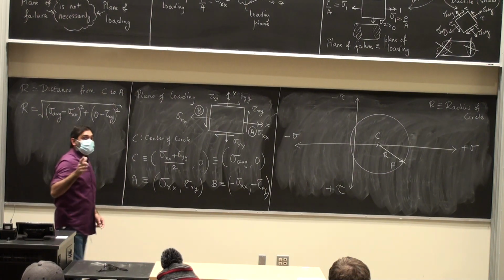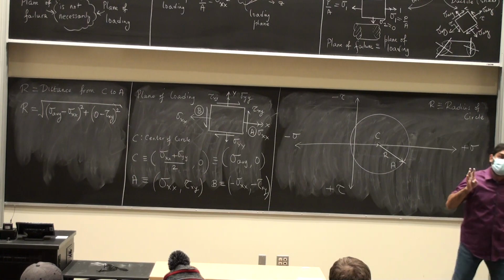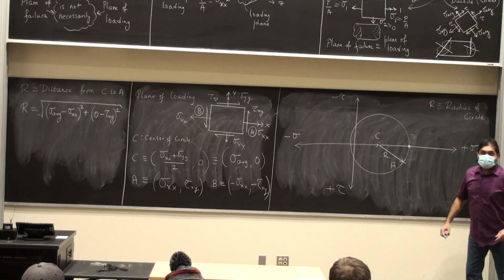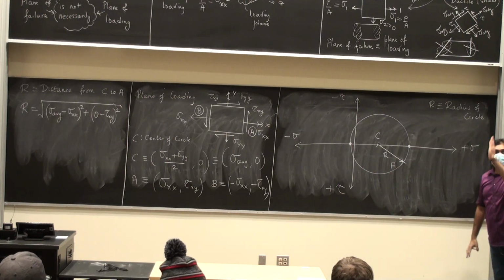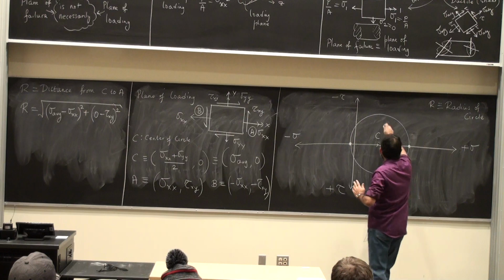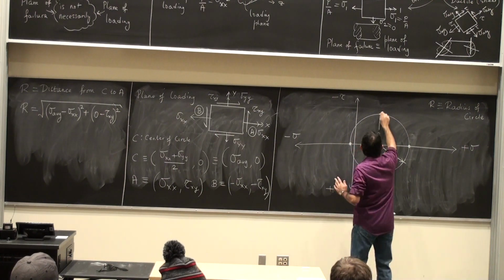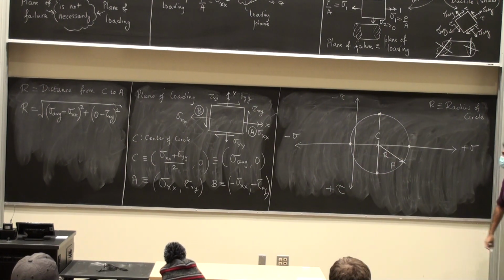Now, this circle has 4 points of intersection which are of importance to us. The first point, second point. Then if I draw a vertical line passing through the center C, third point, fourth point. Okay? So these are my points of interest.